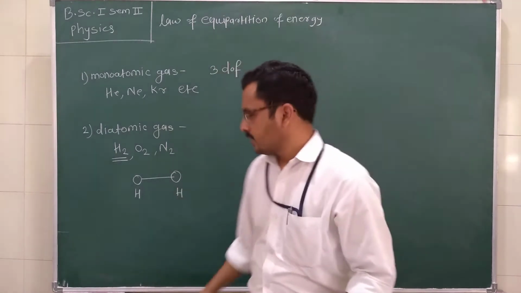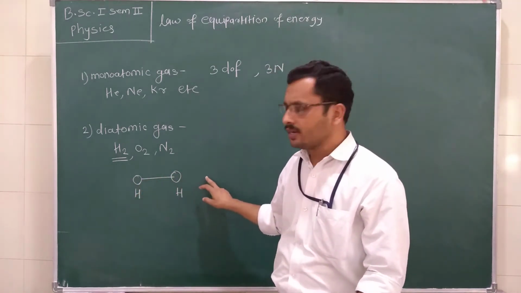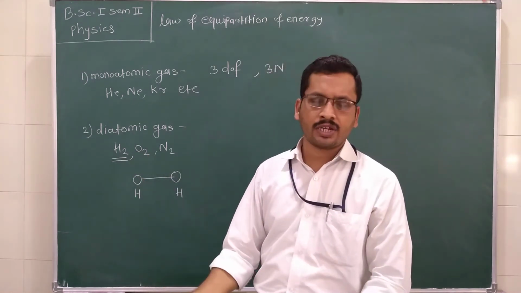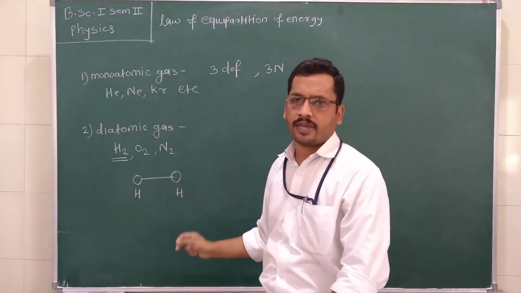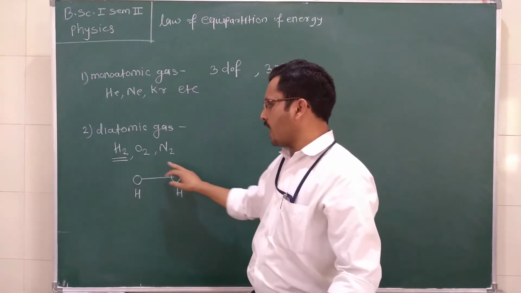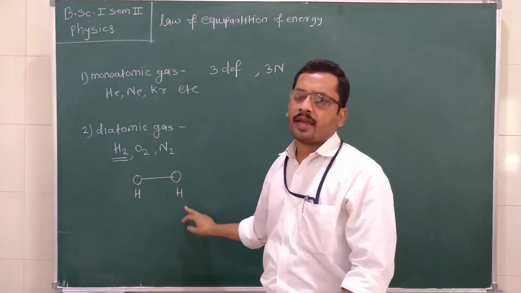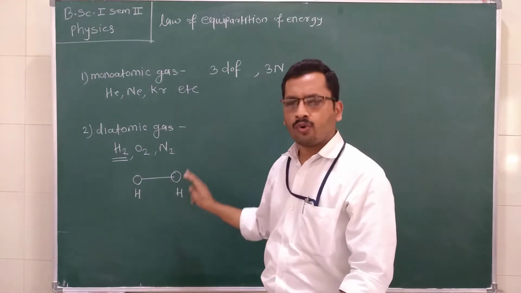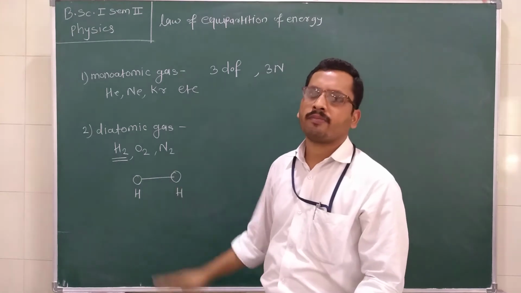As well, this whole molecule can move along the x direction, along the y direction, along the z direction, or along a combination of these 3 variables x, y and z. So this diatomic molecule has 3 translational degrees of freedom and 2 rotational degrees of freedom. So in total this diatomic gas has 5 degrees of freedom.